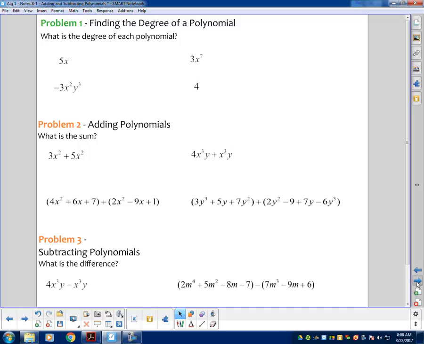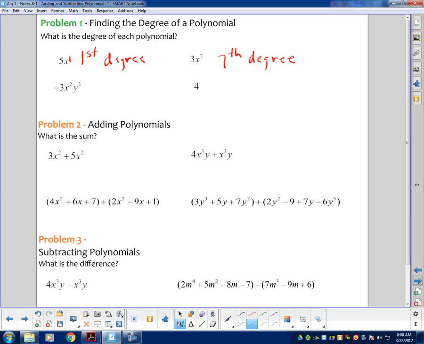So first one, 5x. Not written, but there is a 1 as the power on the x. So this is first degree. This 3x to the 7th is 7th degree.